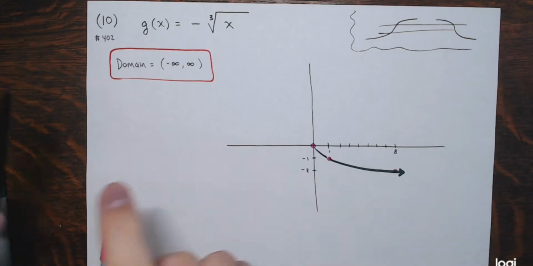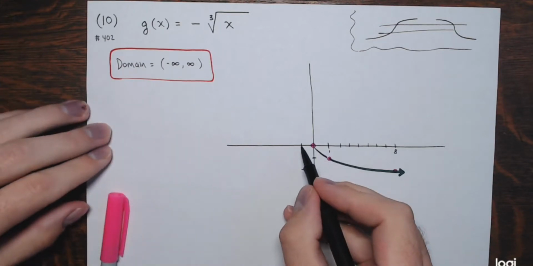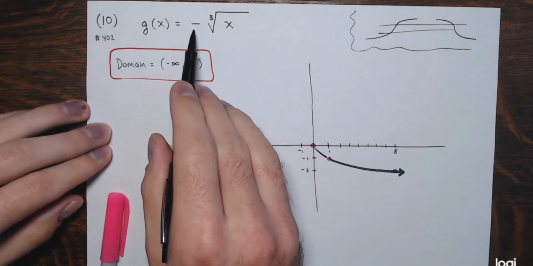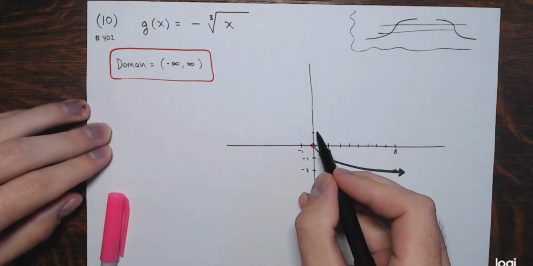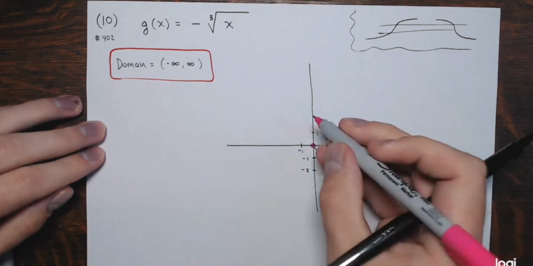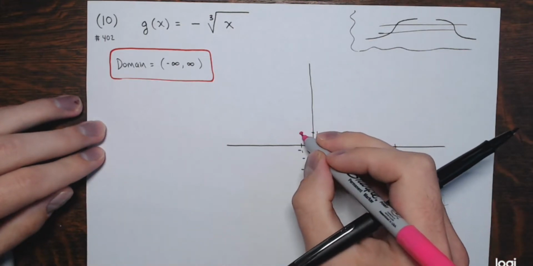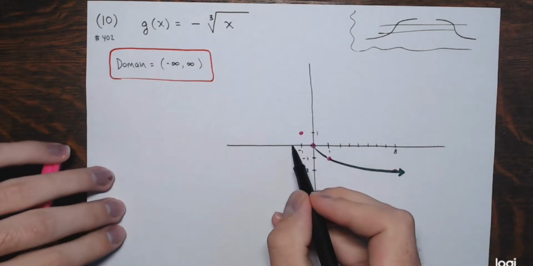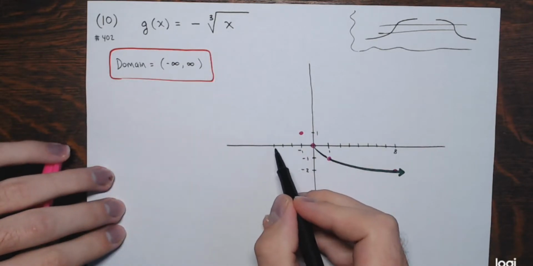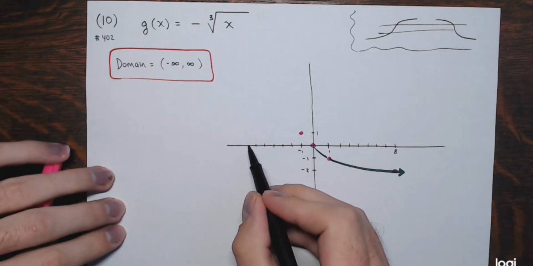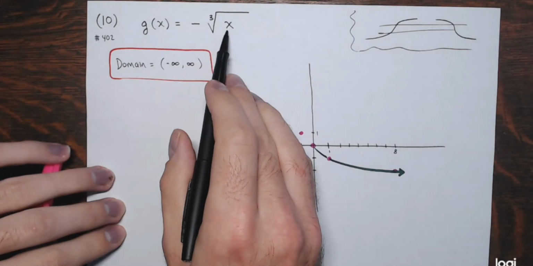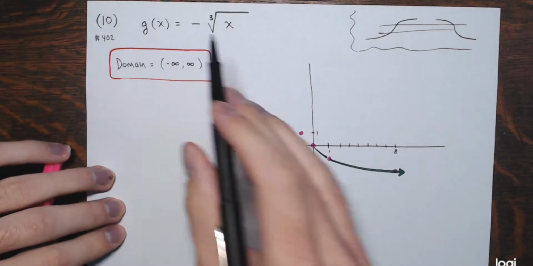Then if we go to the left, if I plug in negative 1, the cube root of negative 1 is negative 1, but then times negative 1 again would be positive 1. Input negative 1, output positive 1. And if I plug in negative 8, I'd get a perfect cube: the cube root of negative 8 is negative 2, times negative 1 would be positive 2.